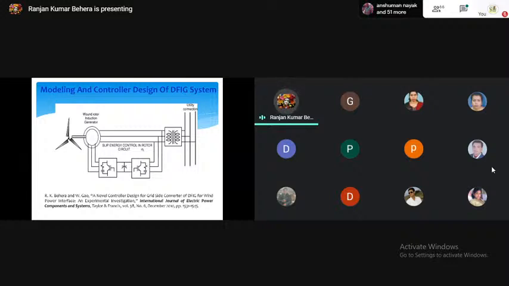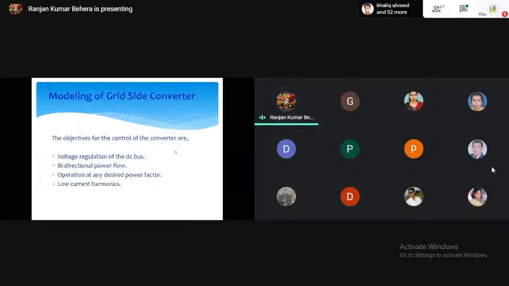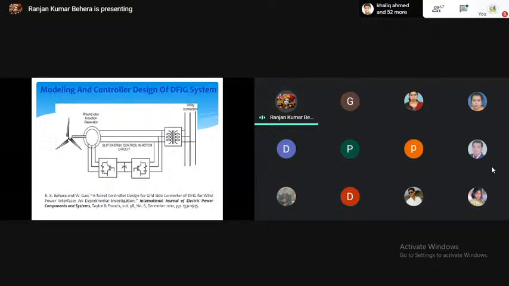So this is connected from the line to the rotor. Okay. And through this utility, the step down transformer, it is connected to the double fed. So there are two converters. One is your grid side converter. Okay, it is connected to the grid. Another converter is connected to the rotor.